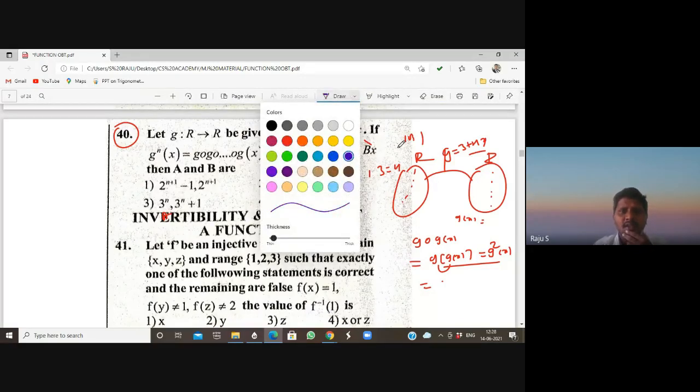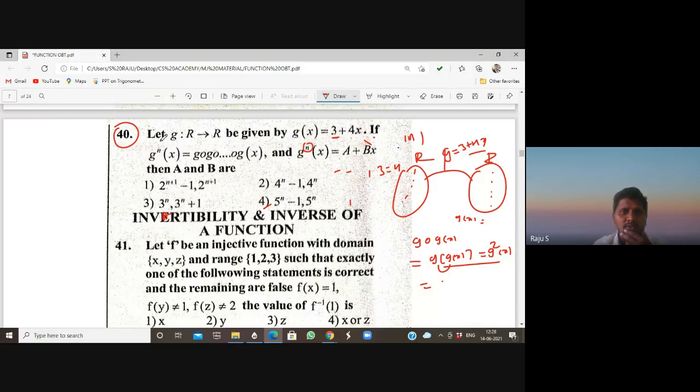Okay, then let us think again about the option verification. When I substitute n is equal to 2 here, 2 power 2 plus 1 is 3, 2 cube, what is 2 cube? 8. 8 minus 1 is 7. 2 power 2 plus 1, so 7 comma 8.